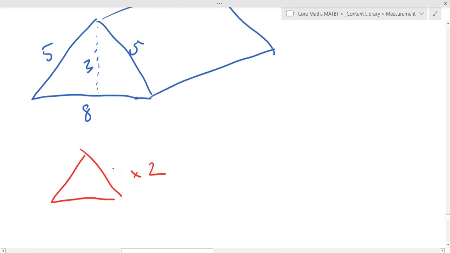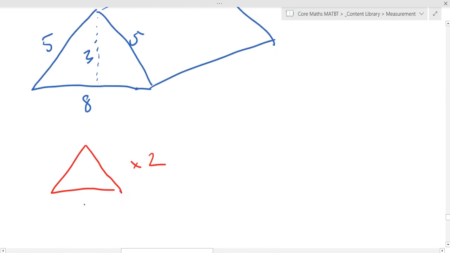And remember, for your triangle, the base is 8, and the height of the triangle is 5. Is that 3? Sorry, 3. What am I doing? Thank you.